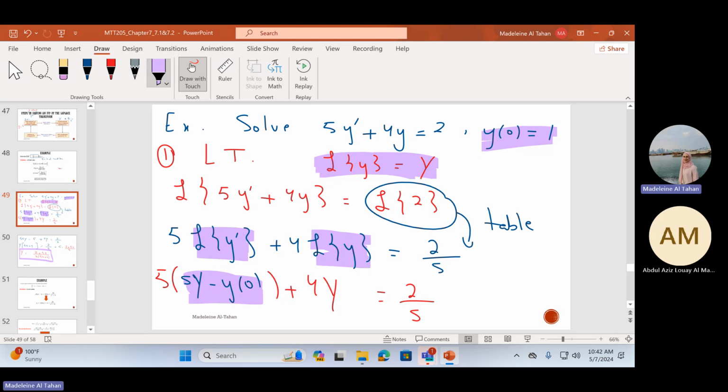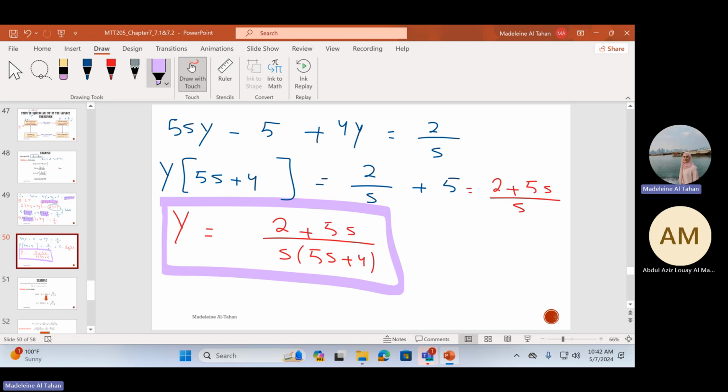Do we have questions so far? We got now 5sY minus 5 plus 4Y equals 2 over s. Everything in Y on one side and everything not in Y on the other side. So we can take the Y in common here.